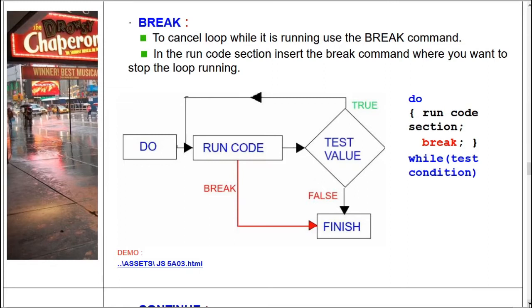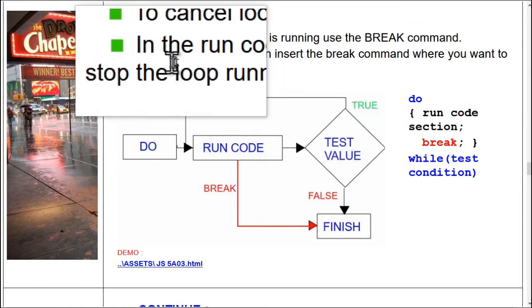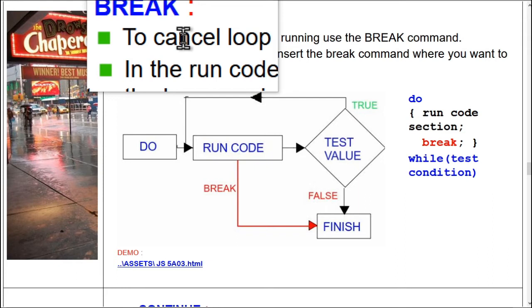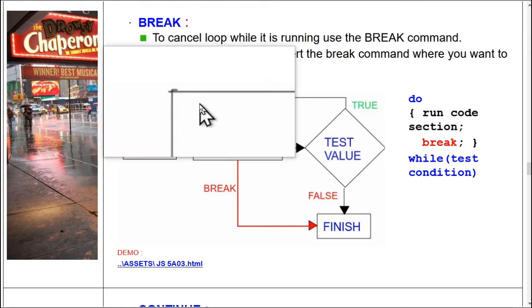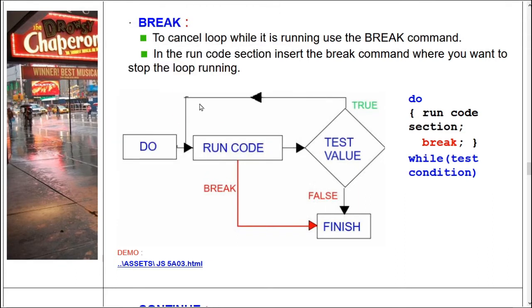You can use what's called the break command to break out of the loop, and what that does is cancel the loop while it is running. Use the break command in the run code section. Insert the break command where you want to stop running the loop.